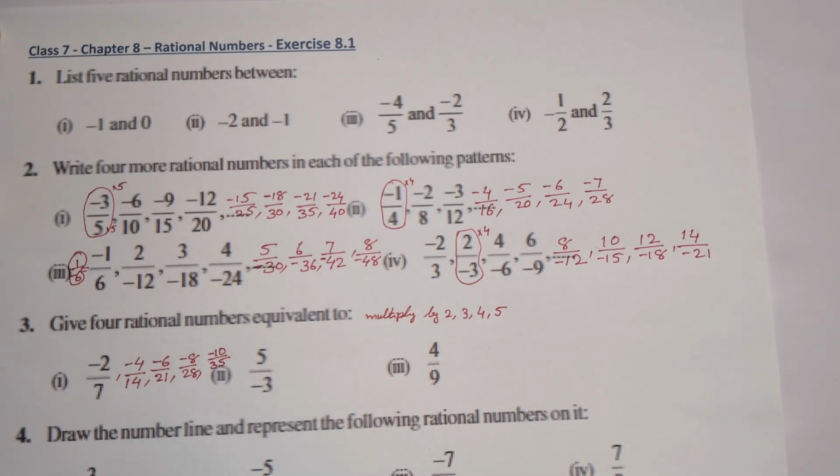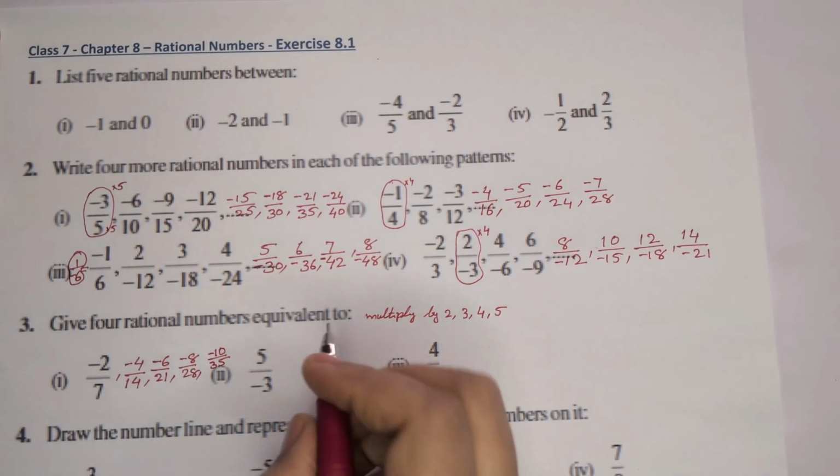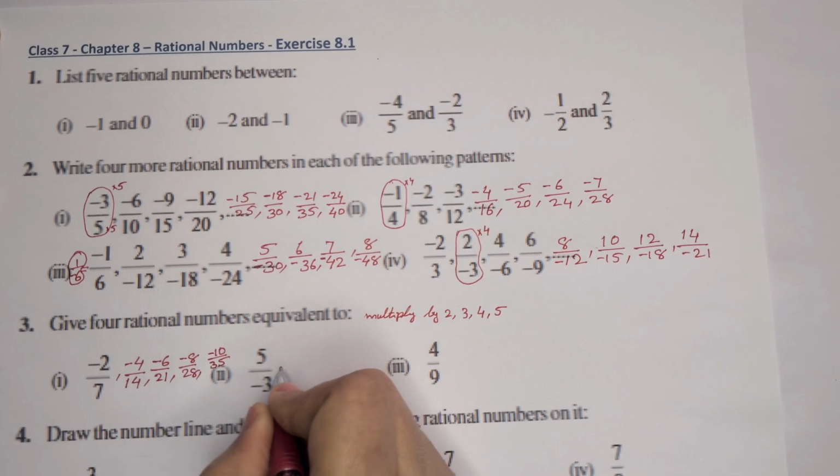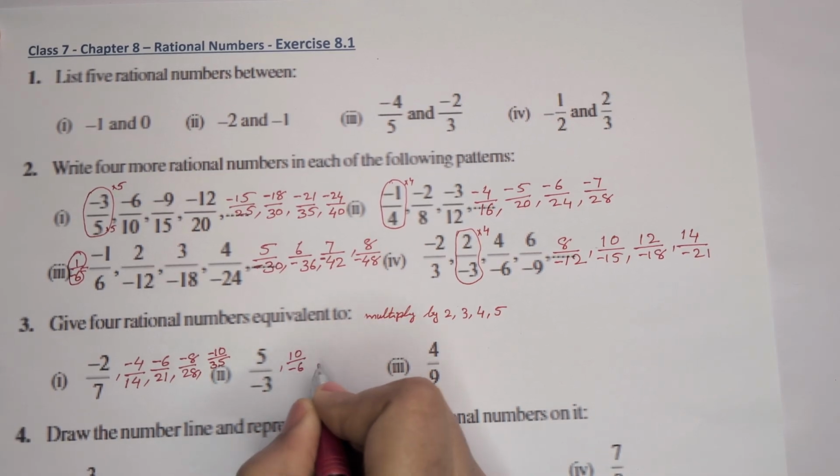Here 5 by minus 3. When we are multiplying by 2, it will become 10 by minus 6.